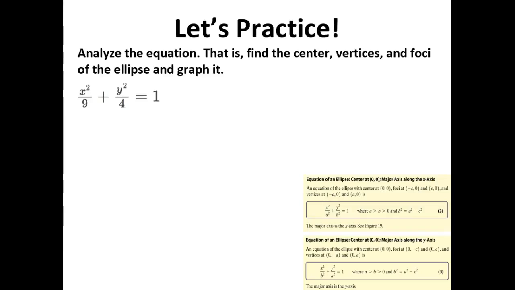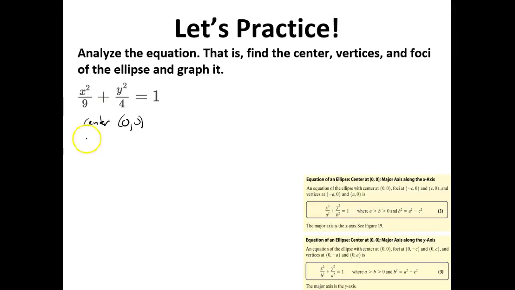So, analyze the equation, that is, find the center, vertices, and foci of the ellipse and graph it. Center, this center is going to be at 0, 0. The reason it's at 0, 0 is because for both the x and the y, nothing is being added or subtracted from them. So this is just a standard ellipse.